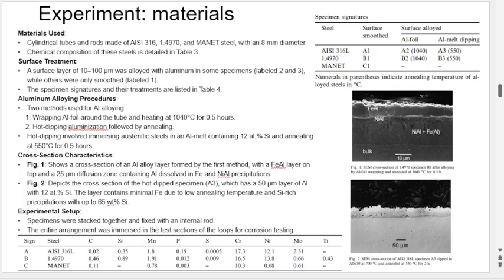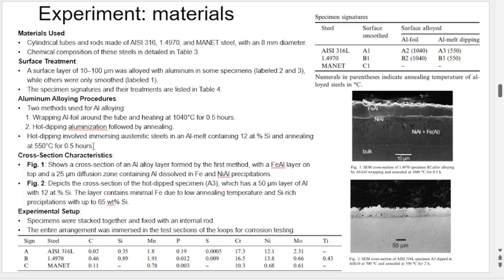The first is wrapping aluminum foil around the tube and heating at 1040 degrees C for half an hour. The second is hot dipping aluminization, followed by annealing.